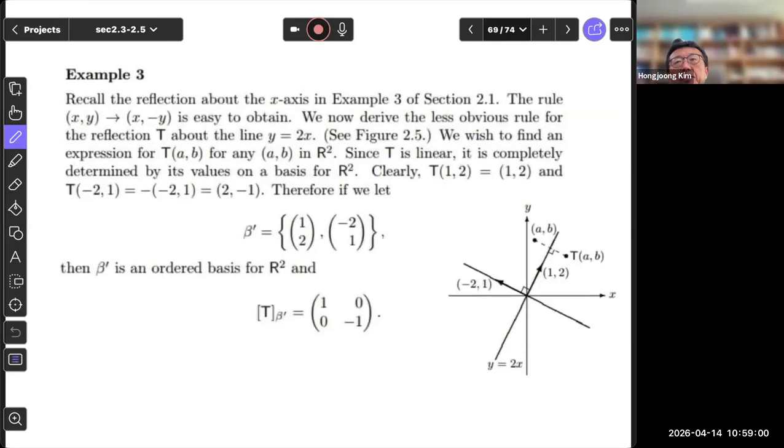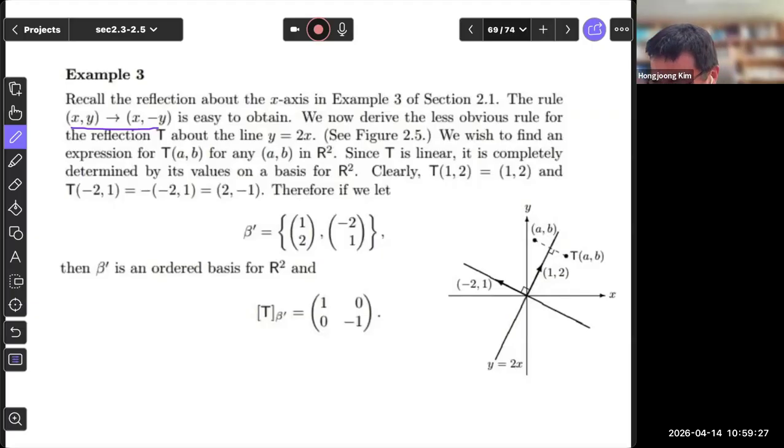Now here is another example. When I consider the reflection about the x-axis, finding the image is simple because I can just change the sign of the y coordinate, right?